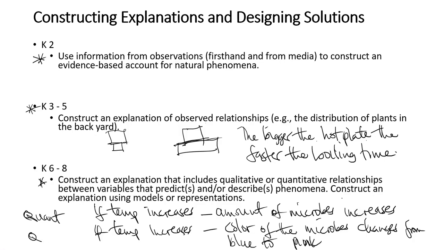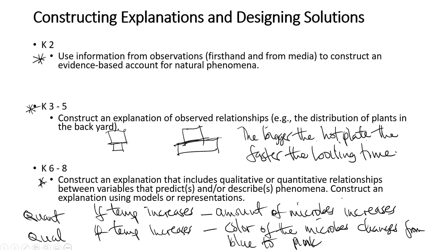This is qualitative. So your students are able to look at the variables and think about them in terms of quantitative, that is numbers, and qualitative, things like appearance, structure, things like those. That is at K6 and 8.